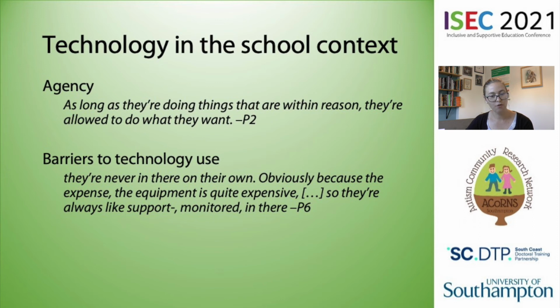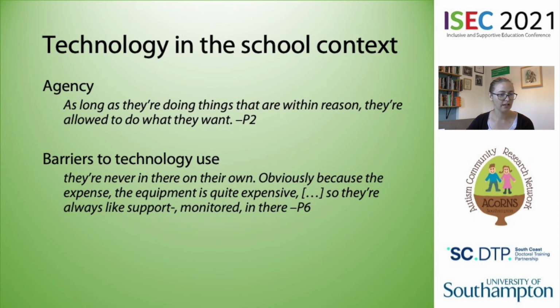Even when more free time was given, such as during soft starts, adults monitored closely for the appropriateness of interaction. This relates to the quote given on the slide, which was said by one of the teachers who allows more free time with technology through soft starts.